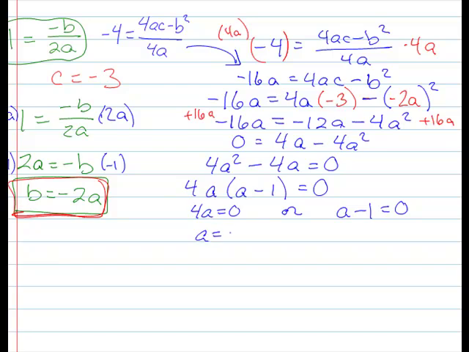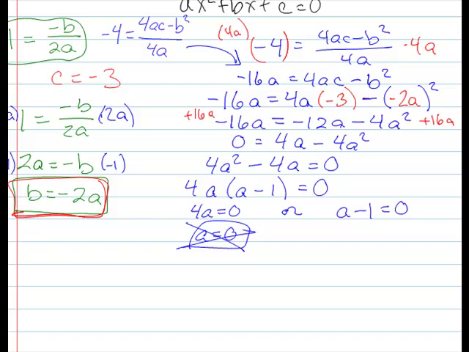The first would imply that a is 0, but I don't want that, because if a was 0, remember my quadratic standard form is ax squared plus bx plus c, and I wouldn't have a quadratic anymore. So I'm not going to use that.